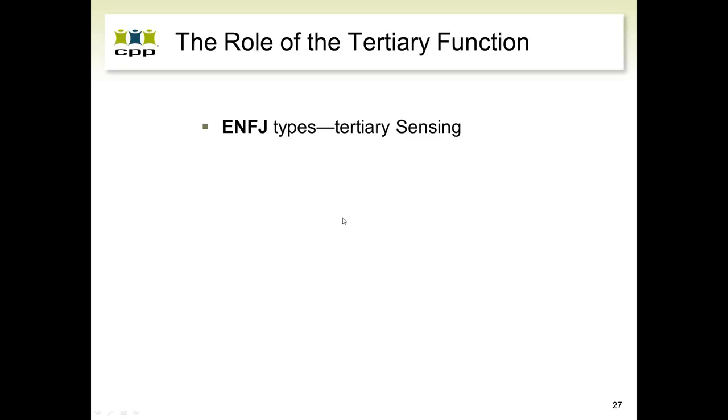And I'll give you just a few examples. ENFJ types, for instance, their tertiary is sensing. They will often relax when they can shift to something physical. An ENFJ type under stress, taking a walk, eating a good meal.